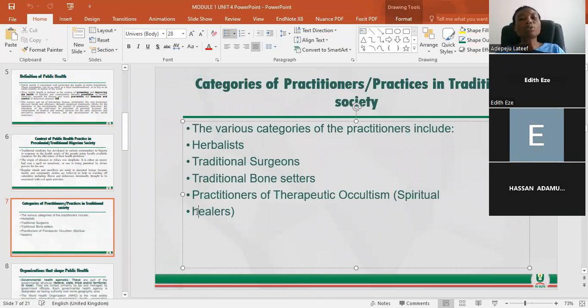They are one good example of an herbalist. They are the largest group of herbalists that we have in Nigeria. Yes, they are. And I understand that they even have an association.